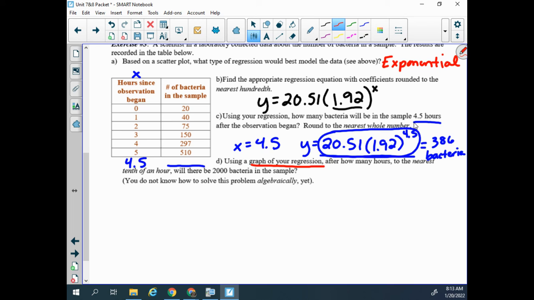So what I'm going to do is graph in y1, 20.51 times 1.92 to the x. This 2,000 is a number of bacteria, and I'm trying to find the x. So this is a y value, so I can also graph the 2,000 in y2. So I'm going to go over to the calculator and go through that process now.